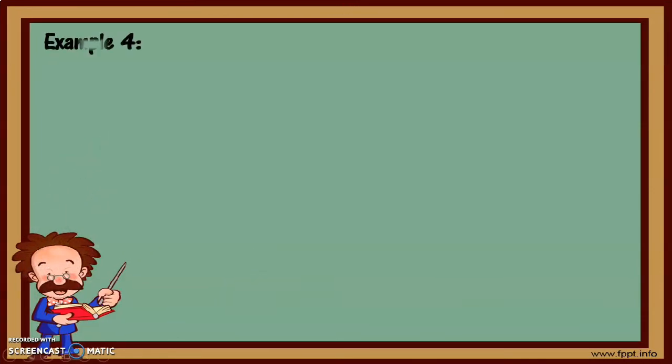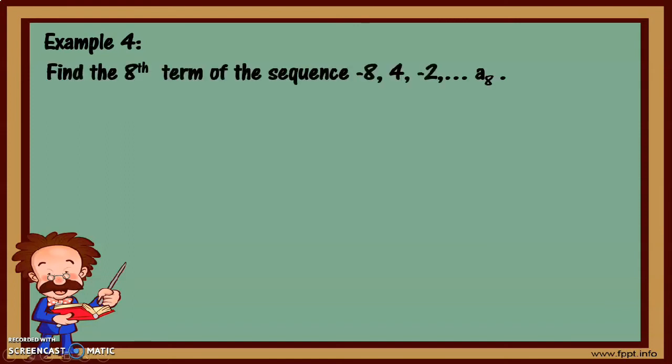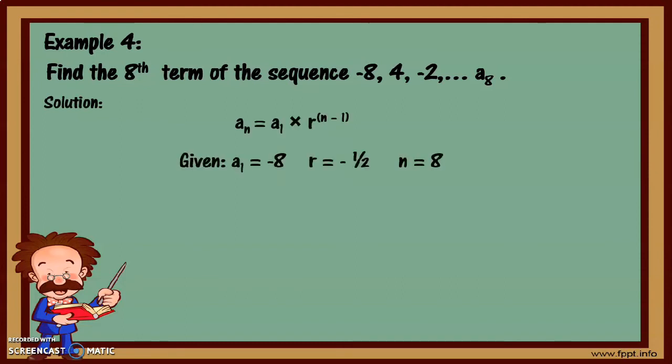Next example, find the 8th term of the sequence negative 8, 4, negative 2. So, to find the 8th term, we simply find the common ratio of this sequence by dividing the second term by the first term, and the common ratio will be negative 1/2. And a sub 1 is negative 8, and we are looking for the 8th term.